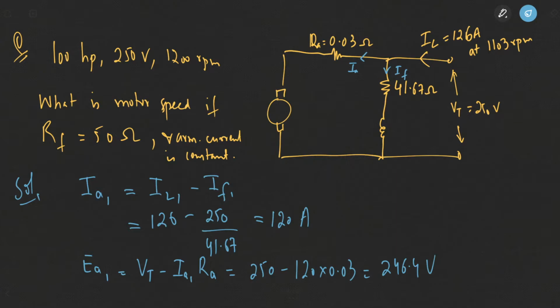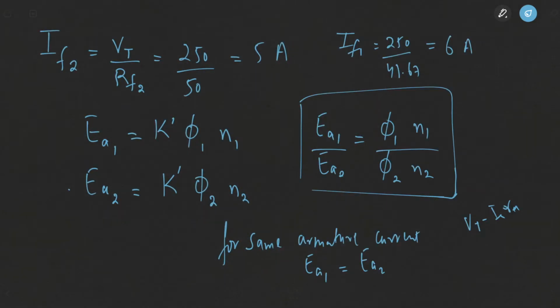We first find the new field current at an RF2 of 50 ohms. We have the equation EA is equal to K dash phi 1 into N1.